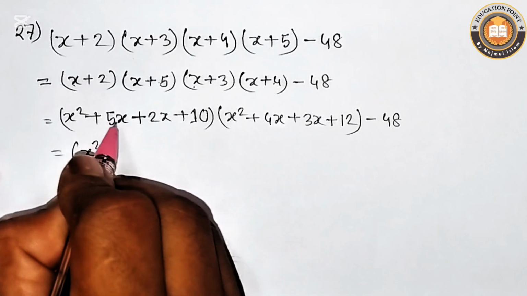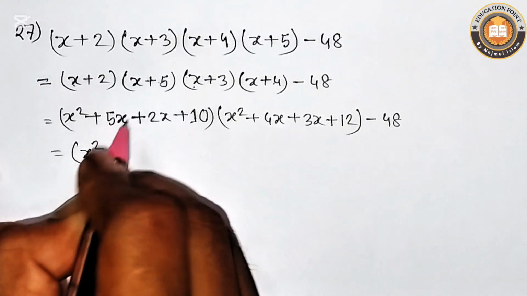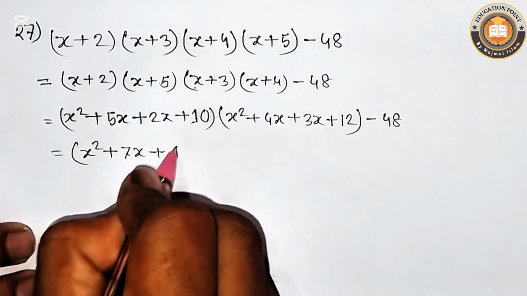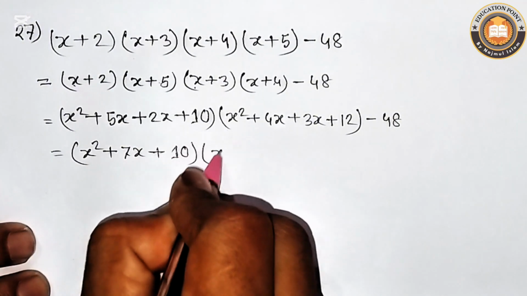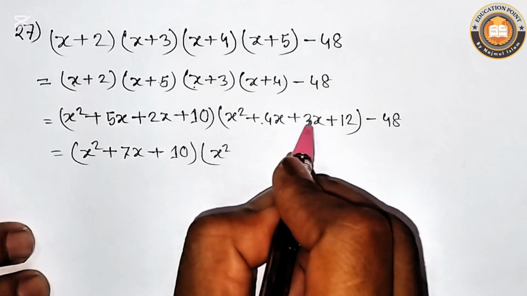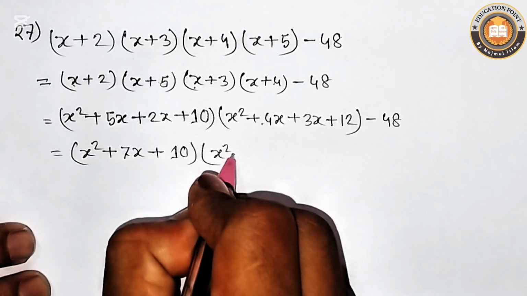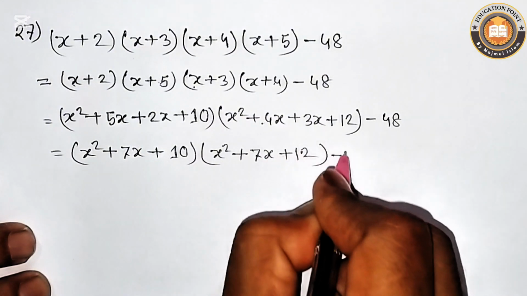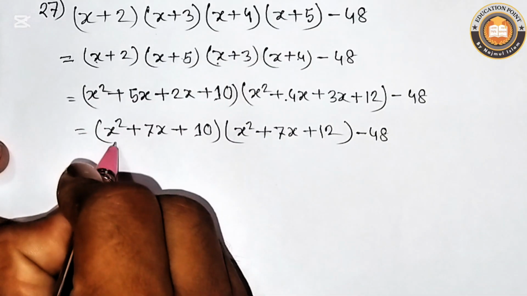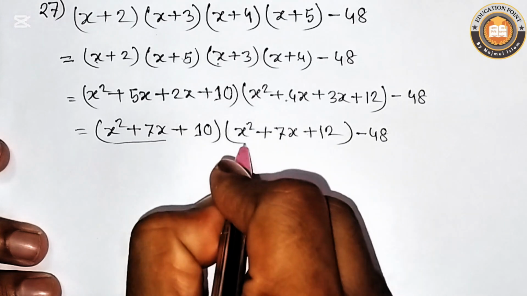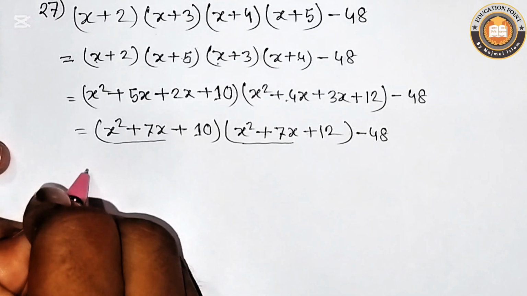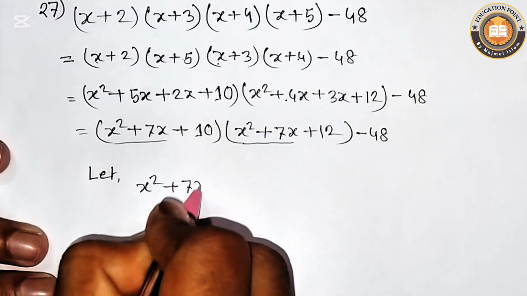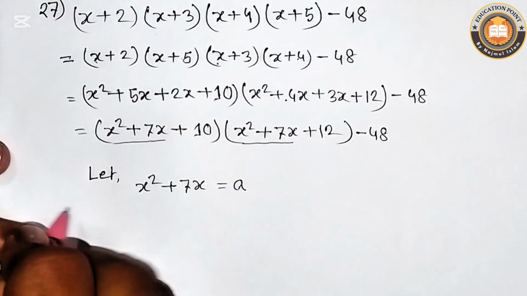x square, added value of plus 5x and 2x equals plus 7x plus 10, into x square, added value of plus 4x and 3x equals plus 7x plus 12, minus 48. Now we consider x square plus 7x equal a. Let x square plus 7x equal a.